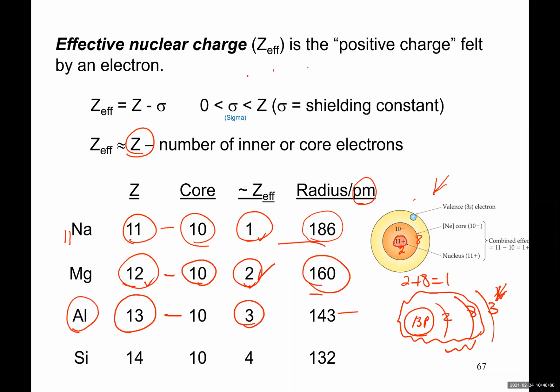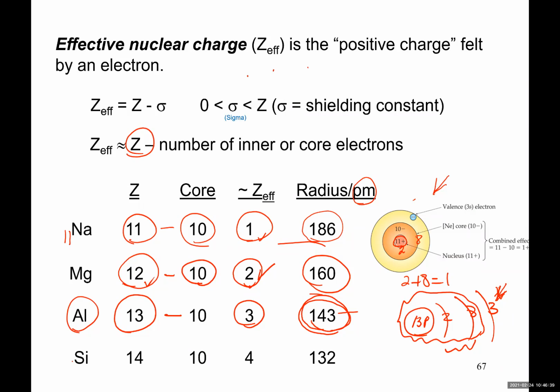These 3 electrons in aluminum are pulled much more strongly than the outer shell electrons of magnesium. So do you see the atom is still smaller, because the outer electrons are pulled much more strongly by the nuclear charge.